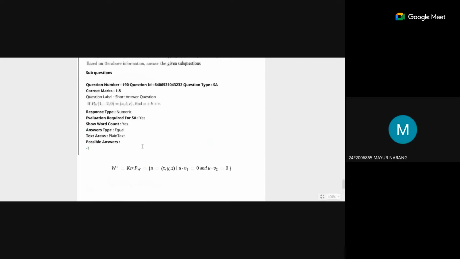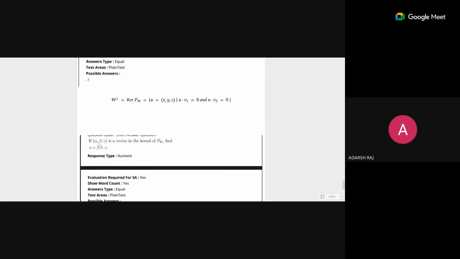So if alpha, beta, gamma is a vector in the kernel of the projection of W, this kernel is also W perpendicular, the kernel of PW, and it is defined like this.